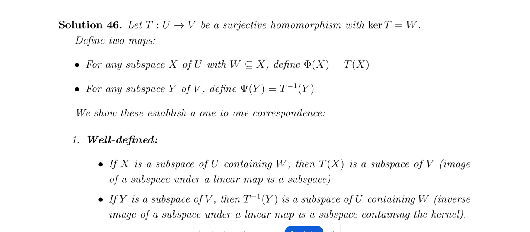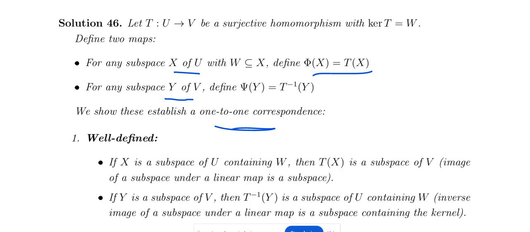So how to define that? For any subspace x of U with W a subset of x, pi of x equal to T of x. For any subspace y of V, psi of y equal to T inverse of y. So one-to-one correspondence நம்ம check பண்ணணும்.